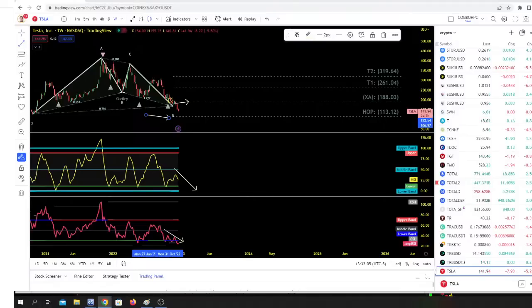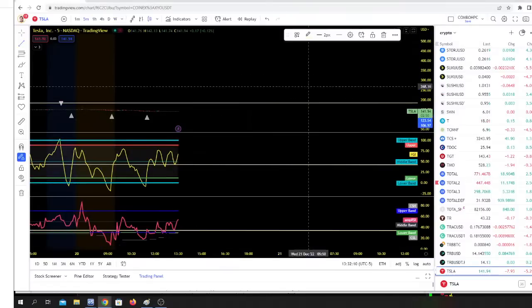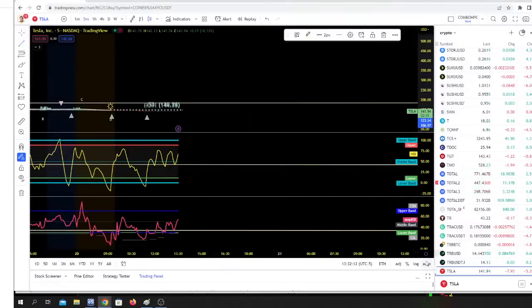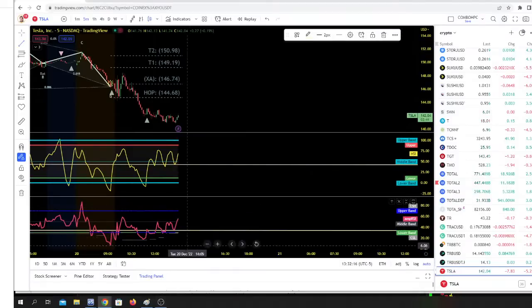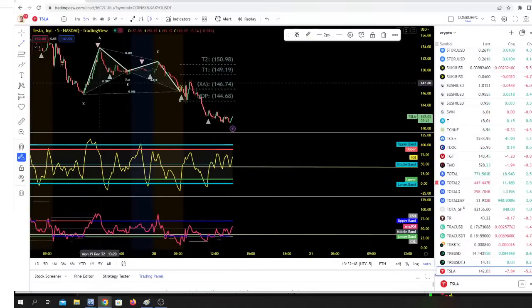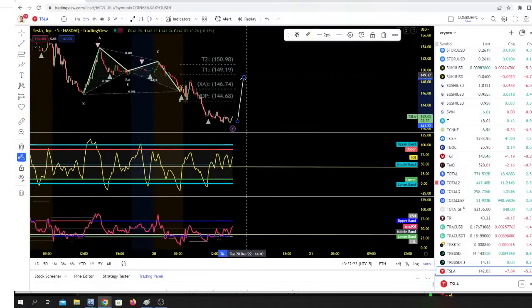Play it like the 5-minute stuff I've been showing. That's the thing I think take shots on: 5-minute pop and rolls, or even this bat pattern. It's so ugly, but maybe if it could come up to 149 and then get rejected, something like that.